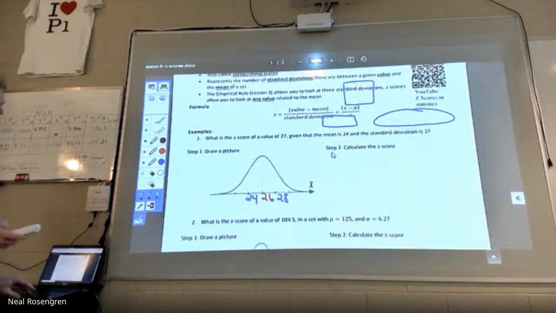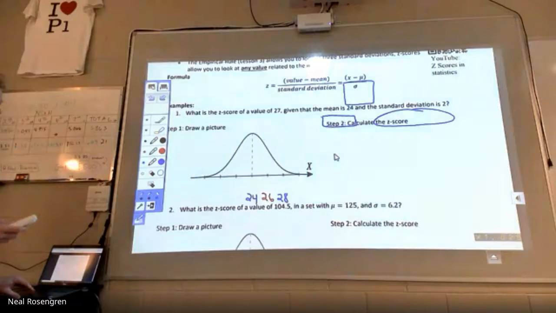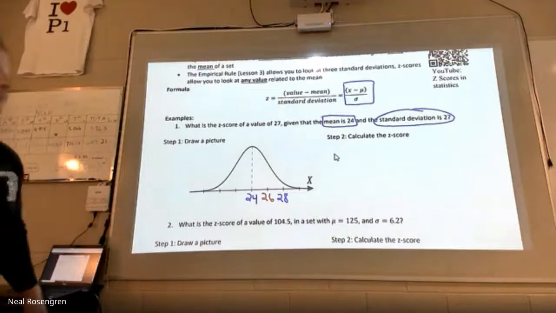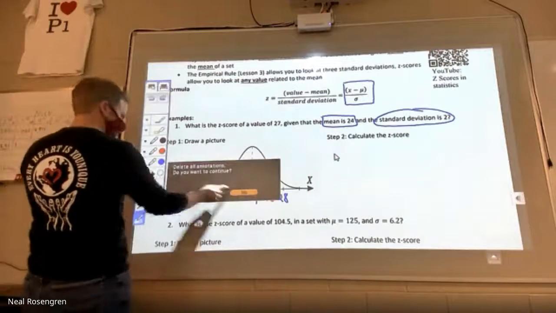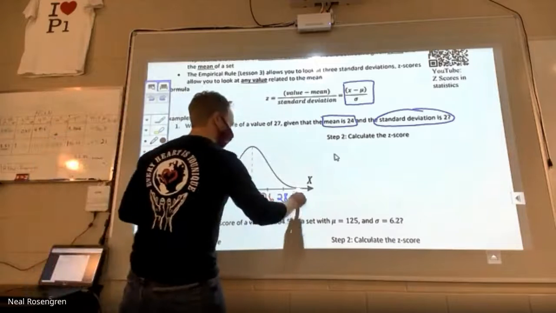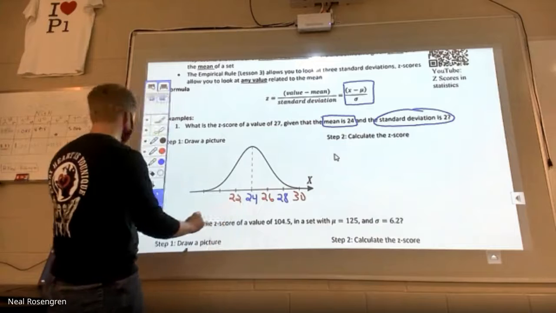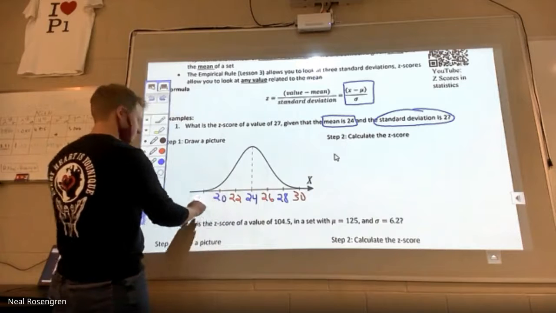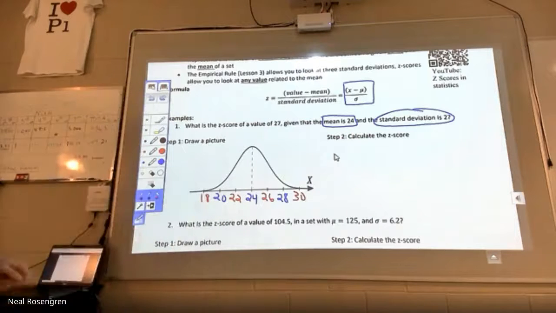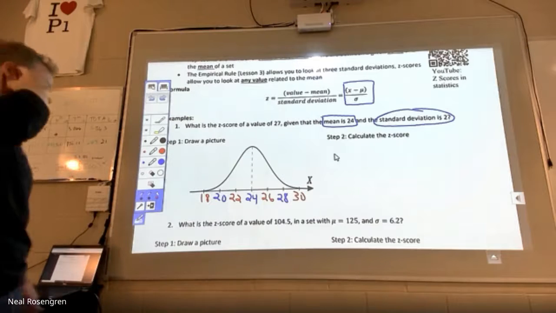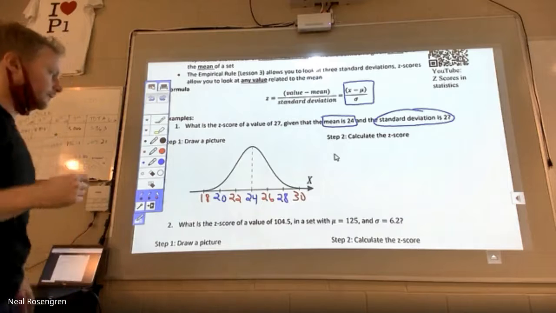So 24, 26, 28, and 30, and then going down too. As these numbers get bigger, I'm probably going to have to tilt them so I can fill them all in. You'll see that when we get to number 2, number 3.